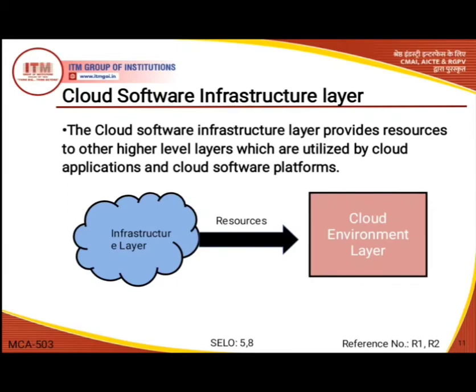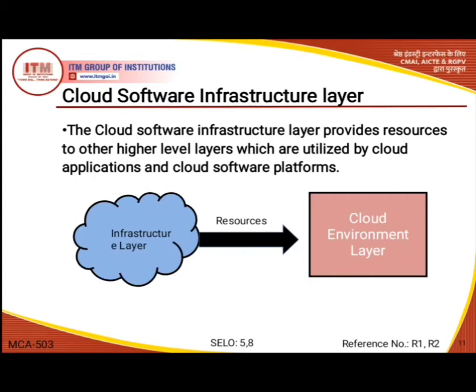Now the second one is the cloud software infrastructure layer. The cloud software infrastructure layer provides resources to other higher layers which are utilized by cloud applications and the cloud software platform. And you can see the same thing in this diagram, how the infrastructure layer provides the resources to the cloud environmental layer, which is just above the cloud infrastructure layer.